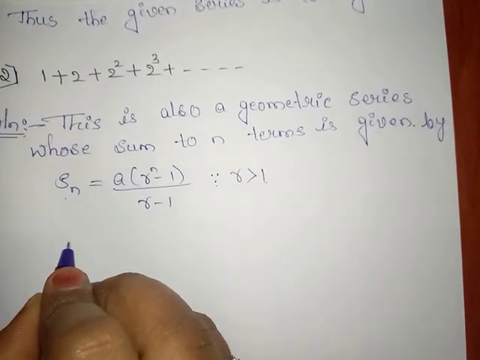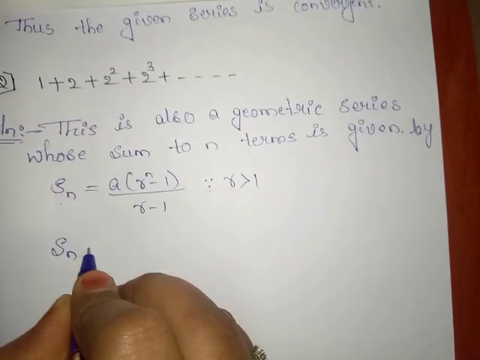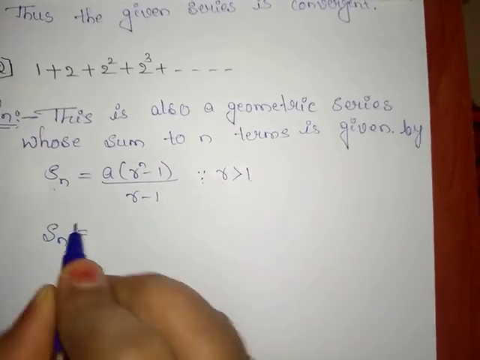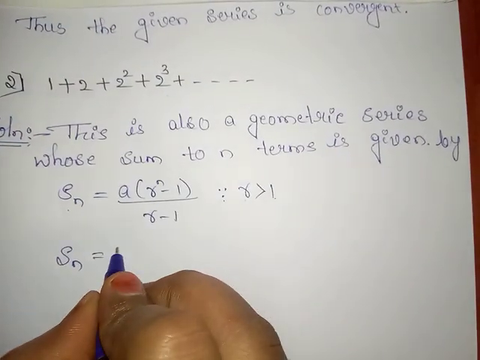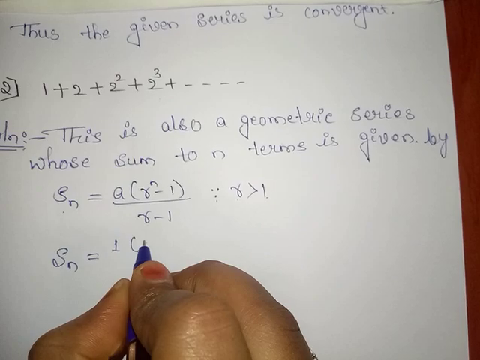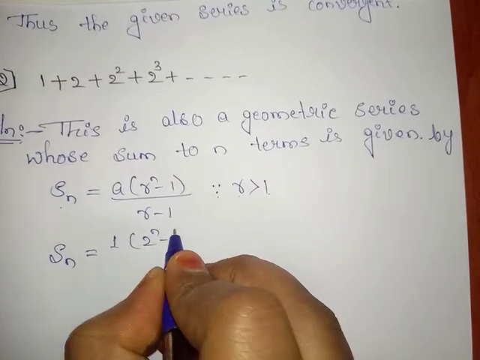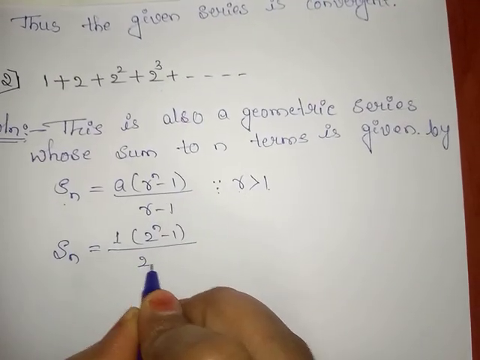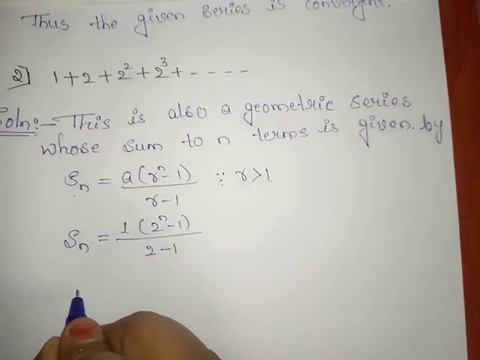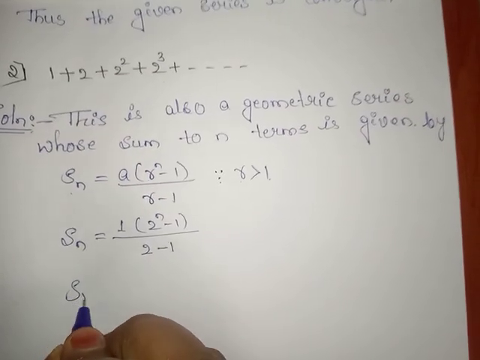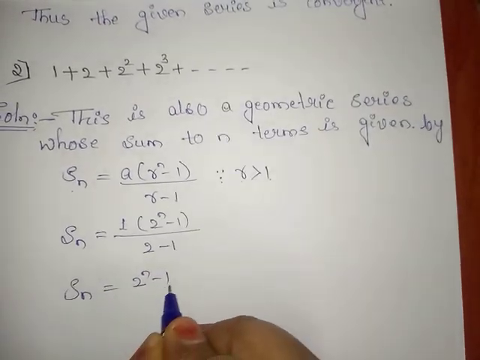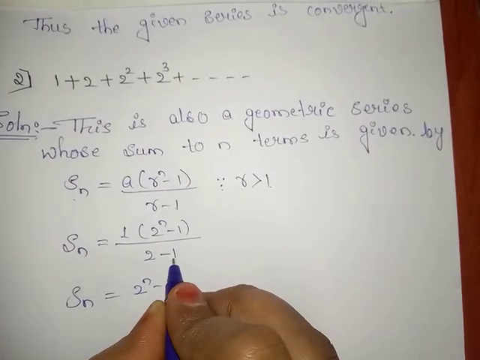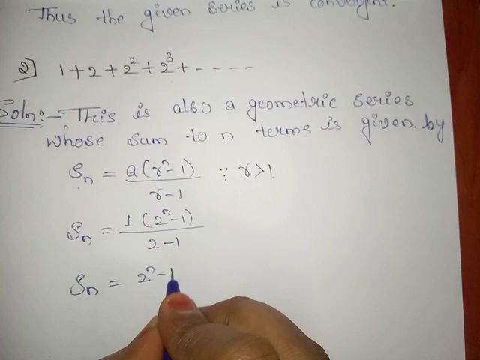Now, before applying the limits, we have to write what is the value of a and what is the value of r here. A value is 1. This is 2 raised to n minus 1 divided by 2 minus 1. Solve this one. It will be Sn is equal to 2 raised to n minus 1. 2 minus 1 is 1, not necessary to write that one.